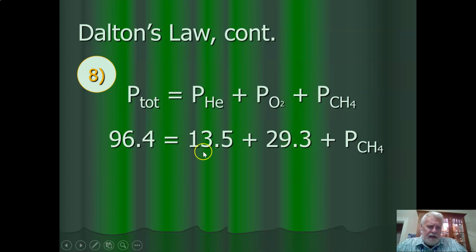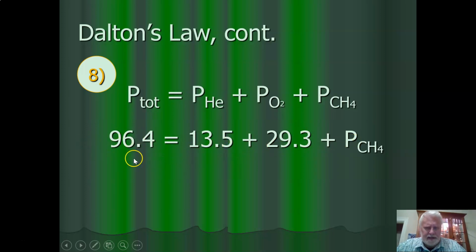So you can see we need these three things to add up to be 96.4, so we're going to be subtracting. And this is really all about place value because we're adding and subtracting. So whatever device we used to measure the pressure was accurate one place to the right, and you can't really change that. So when we're adding and subtracting, you'll end up with one place to the right.